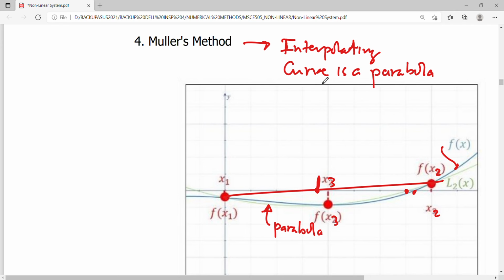Okay, so one more difference about Muller's method is that instead of having two guess values as in linear interpolation, in Muller's method you must have three guess values.